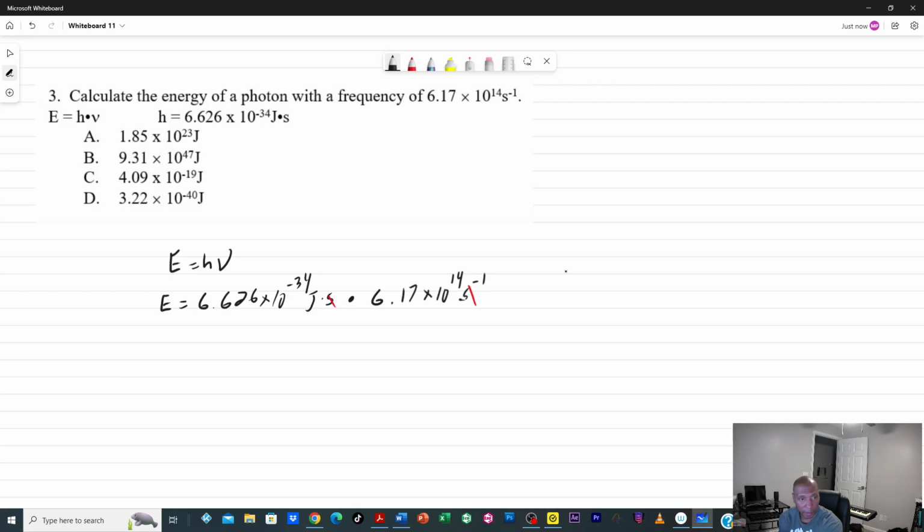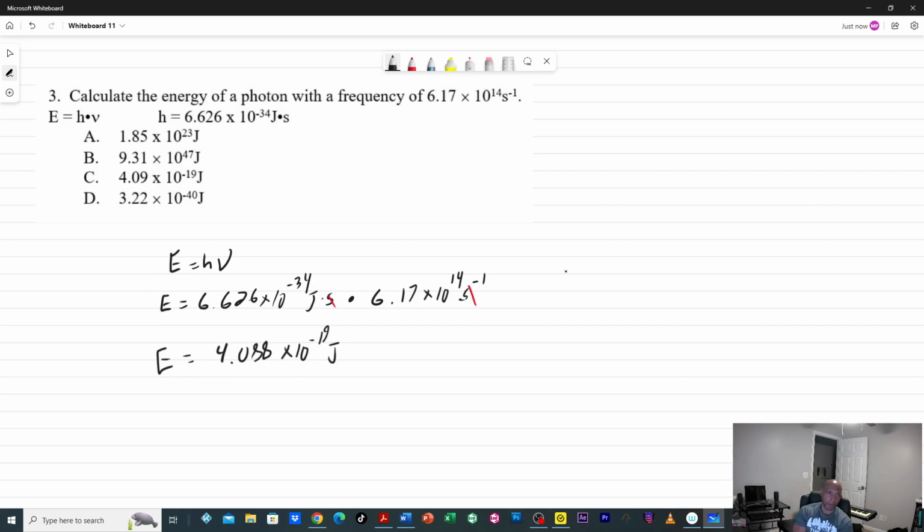So what I'm left with is units of joules. So when I take 6.626 times 10 to the negative 34, multiply that times 6.17 times 10 to the 14, I get 4.088 times 10 to the negative 19 joules. Okay, yeah.